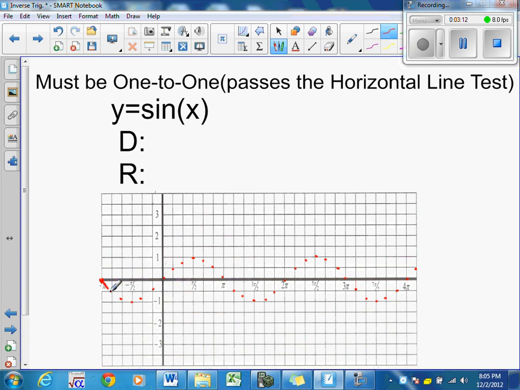And if I connect the dots, here is a graph of sine.